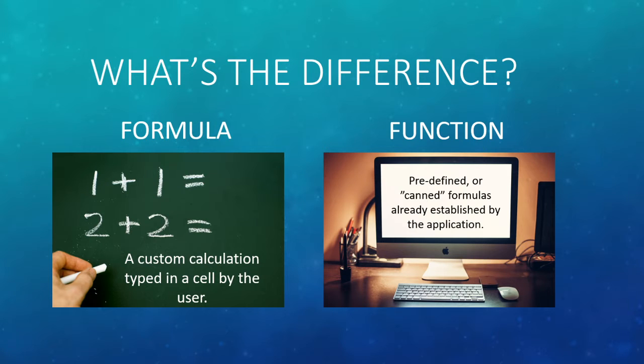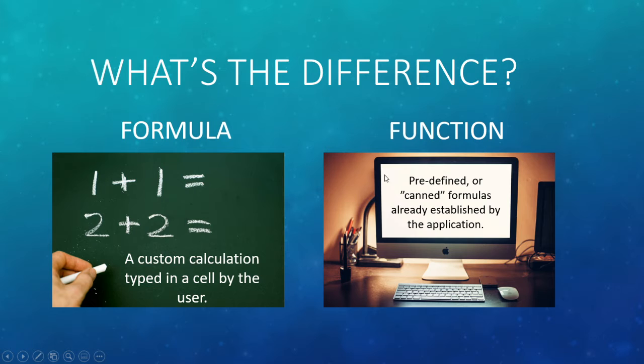You only have to know how to do that one time for the first row, and then you can use the magic of Excel to copy that formula, and it'll instantly, in a flash, answer thousands of rows of data for you. Okay, but that's a formula. You have to know how to do the math problem, how to set it up, but once you do it once, it can be copied.